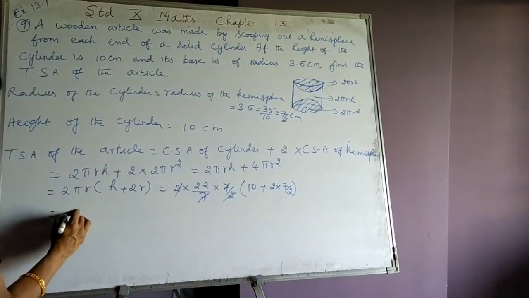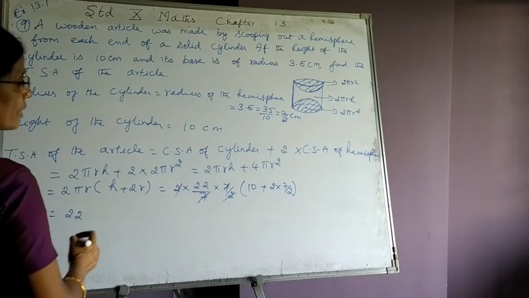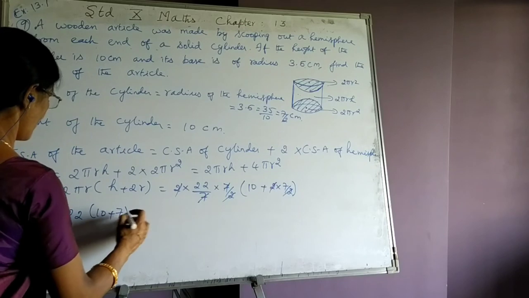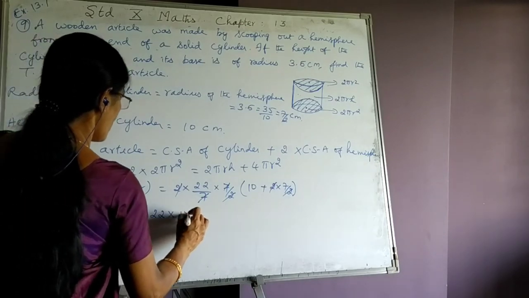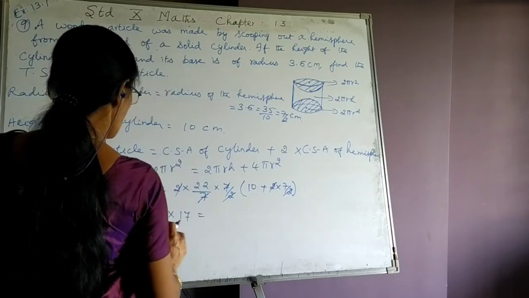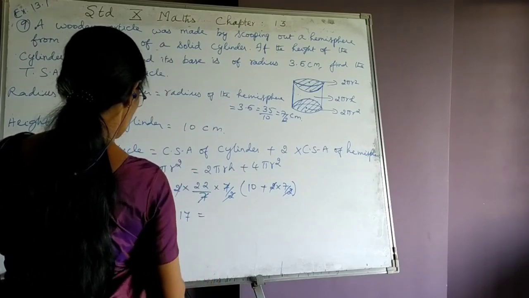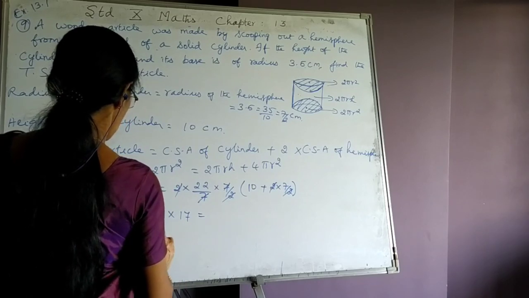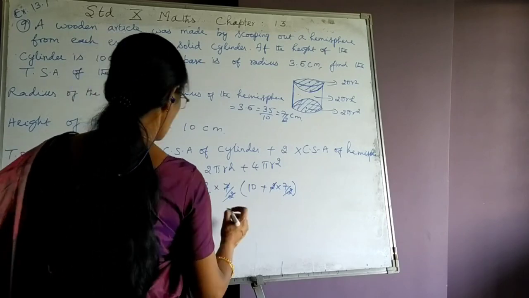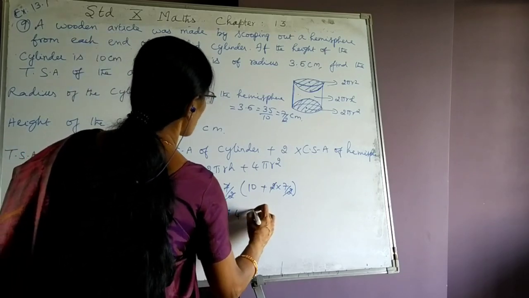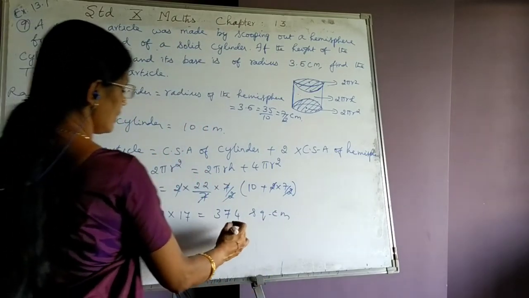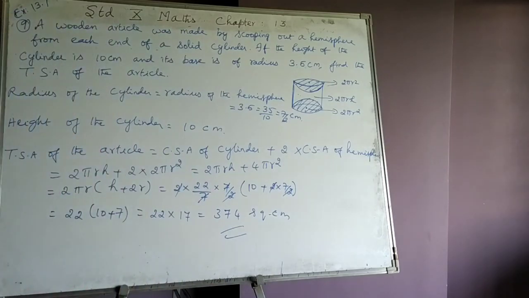So what is left over here? 22 is left over into 10 plus 2 also gets cancelled plus 7, which is 22 into 17, which is equal to 374 square centimeter. So what is the total surface area of the article? It is 374 square centimeter.